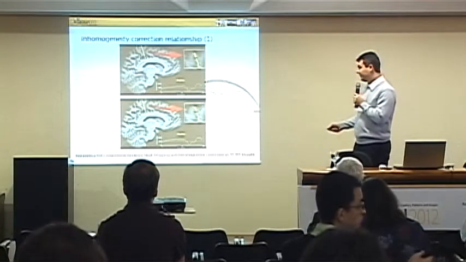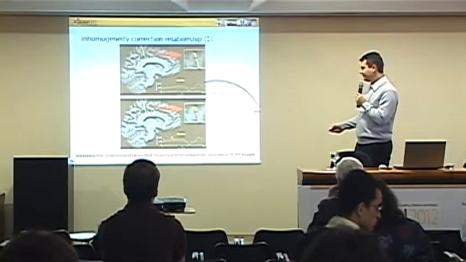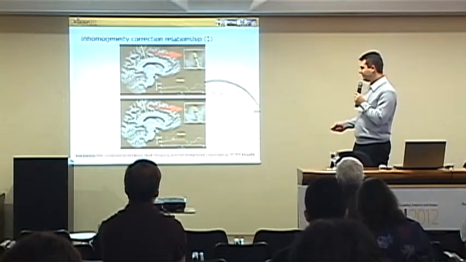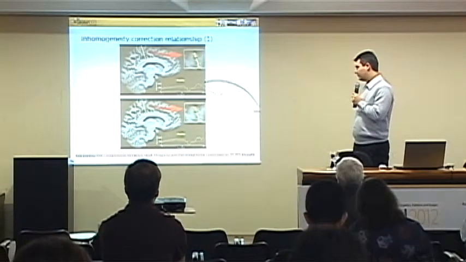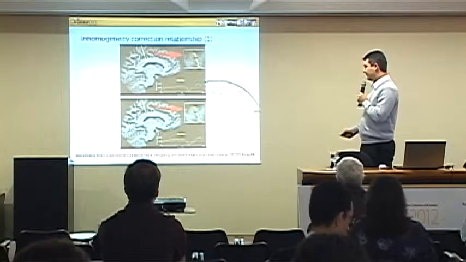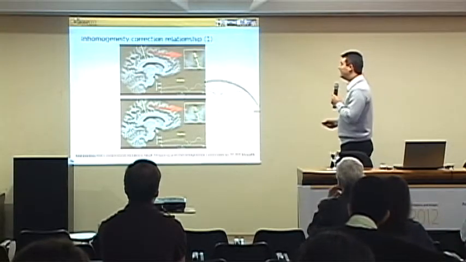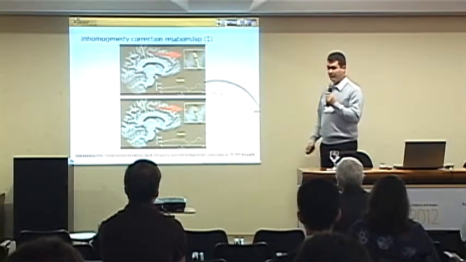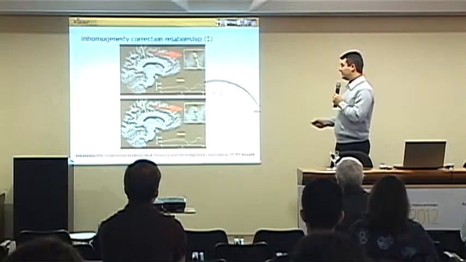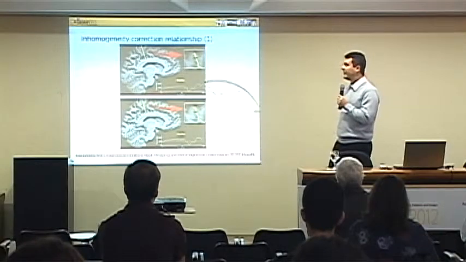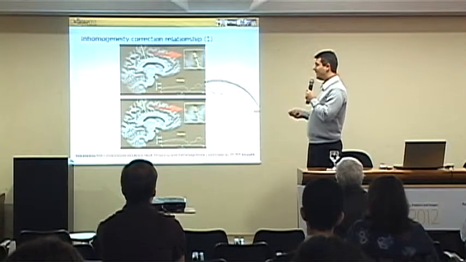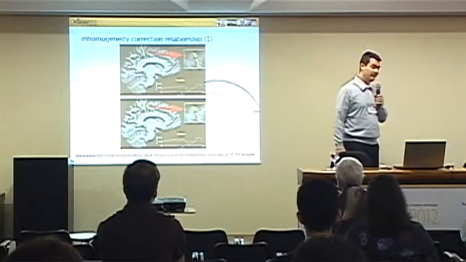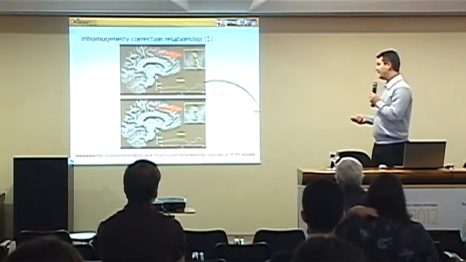When we correct the image intensity, we have a flatter histogram. That helps a lot to make the automatic segmentation by skull stripping methods. And we started to study how much inhomogeneity affects skull stripping. That was the question.